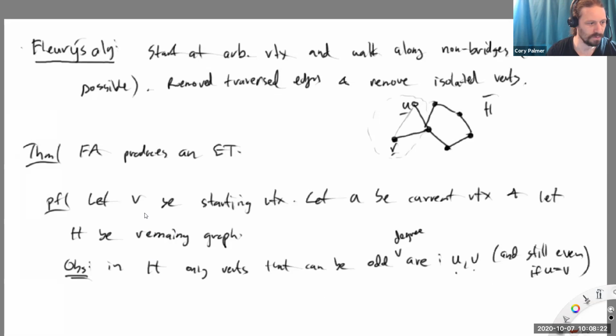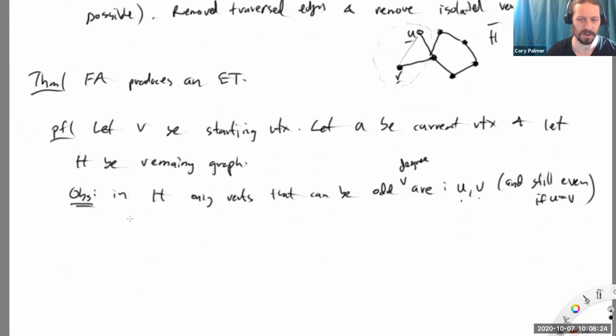Okay, so what we'd like to show, and this will prove our theorem, is that H is connected. But as this algorithm runs, H gets updated, right? An edge gets removed, an edge gets removed, an edge gets removed. Potentially a vertex gets removed if it becomes isolated.